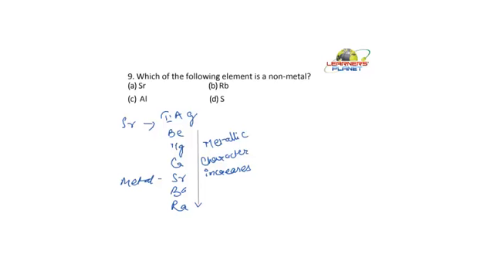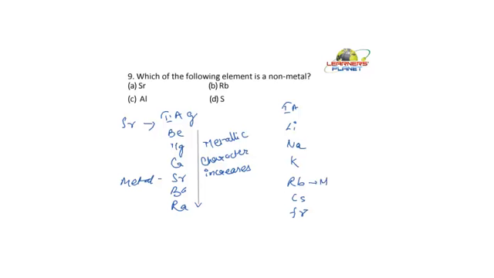Now our next element is rubidium. Where is rubidium present, students? Rubidium is present in the first A group, that is along with lithium, sodium, potassium, rubidium, cesium, and francium. So rubidium is again a metal.